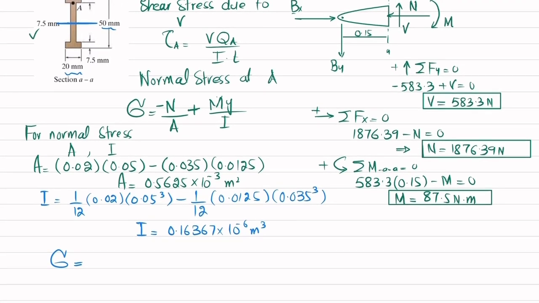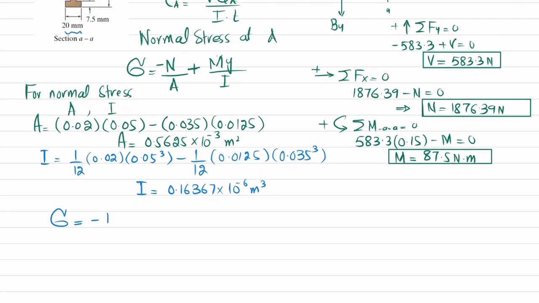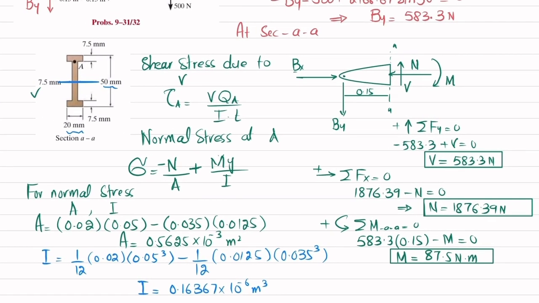The normal stress is minus 1876.39 divided by area, which is 0.5625 into 10 raised to power minus 3, plus moment is 87.5 into y. Y is the distance from the neutral axis till point A. This is y A, and this y A is equal to, this total distance is 35, so 35 divided by 2 is 17.5 millimeter.